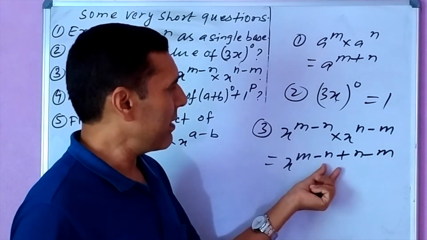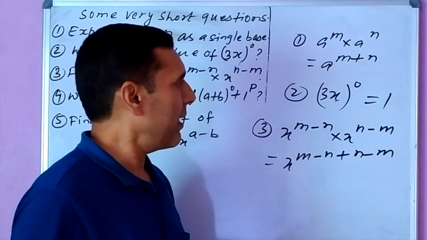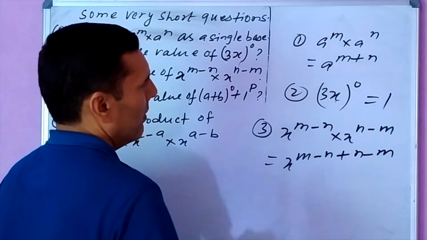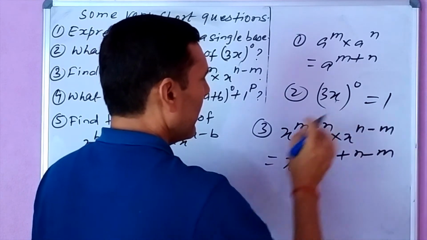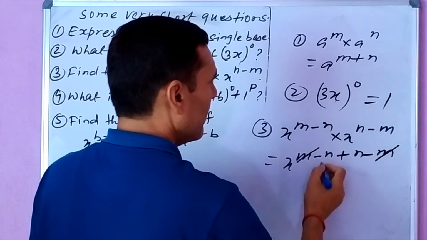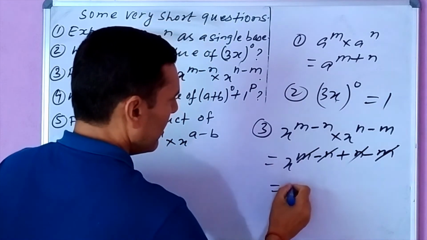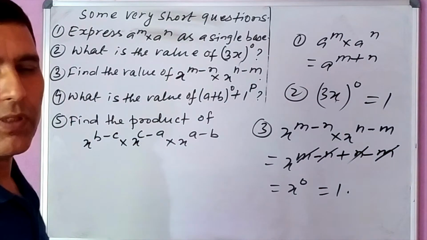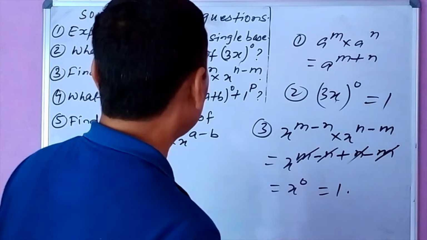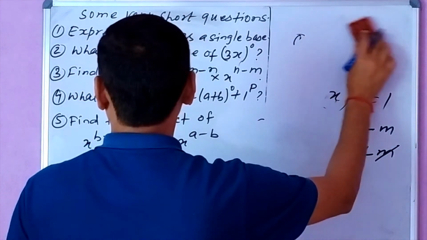If there is a minus sign, we write the minus sign. If there is a plus sign, we write the plus sign. Here m is positive, n is negative, n positive, m negative. Now plus m minus m and minus n plus n cancel. It gives x to the power 0 and its value is always 1. Something to the power 0 is 1. This is number 3.